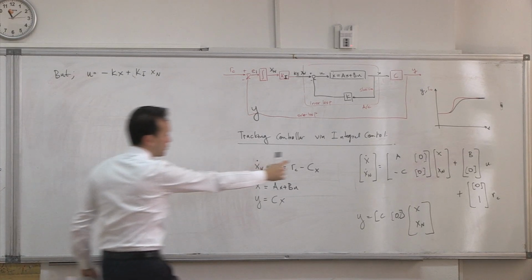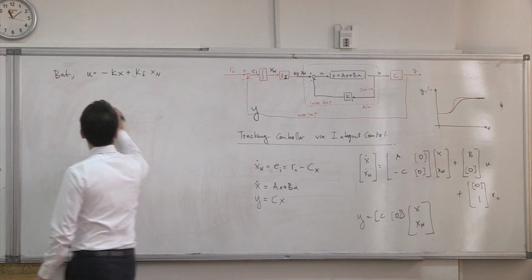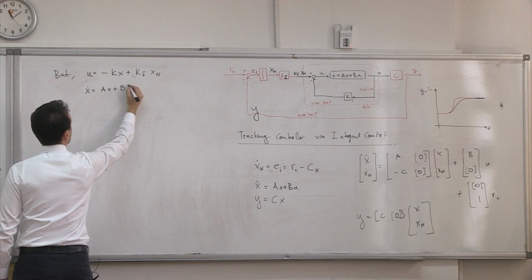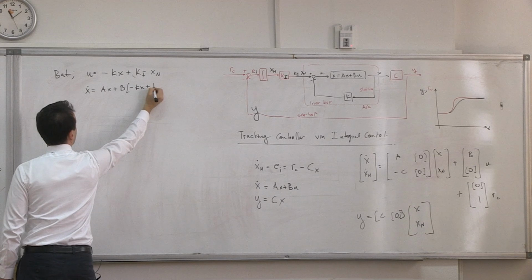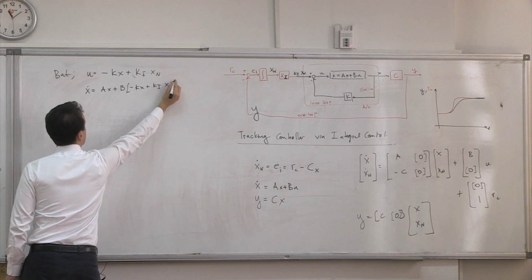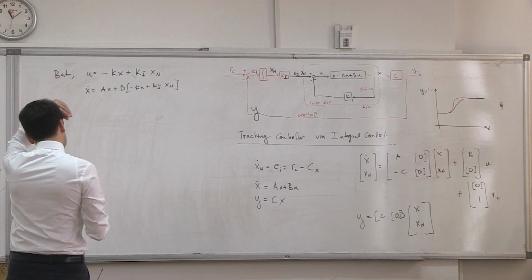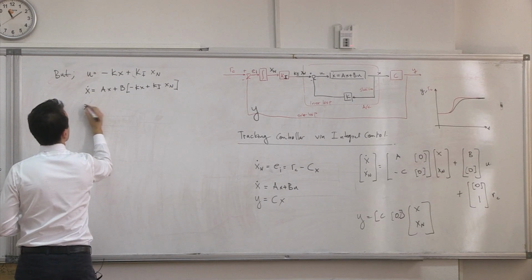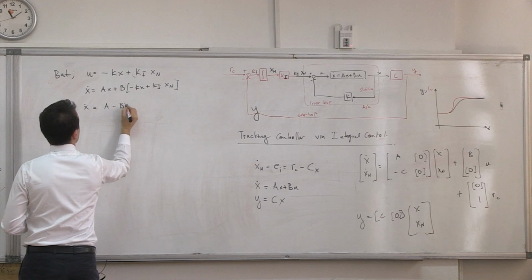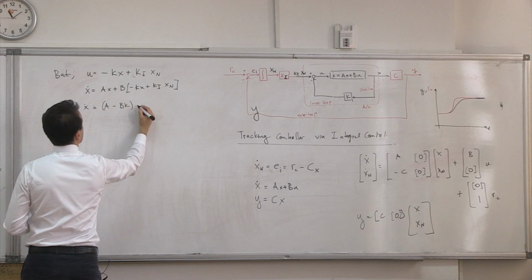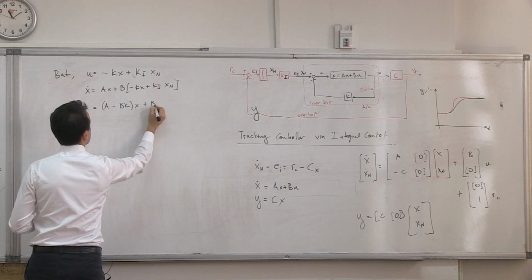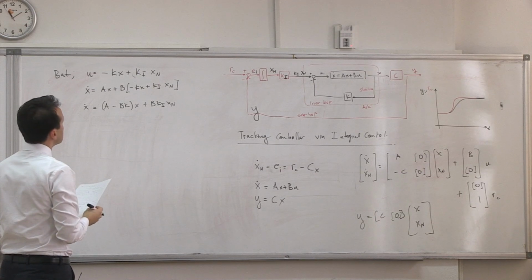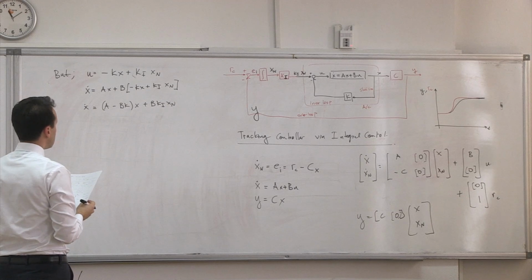So you put this into this thing here. You will have x dot is equal to ax plus b times minus kx plus ki times xn, which will give you a minus bk times x plus bki times xn, right?